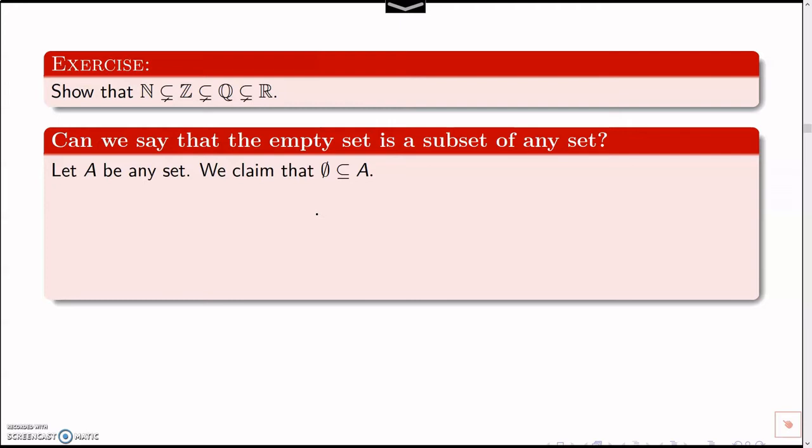To say that the empty set is a subset of A, we have to show that every element in the empty set is there in A. So we need to show that the statement is: for every x in the empty set, x is there in A.